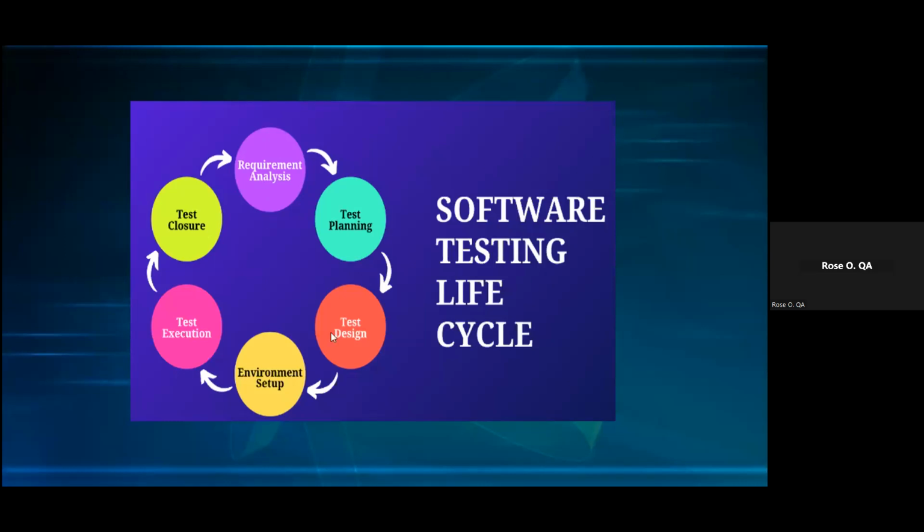Now, the software testing life cycle is predominantly for us, so that we understand our activity in the development life cycle and what the expectation is for us. That's what we are doing today.